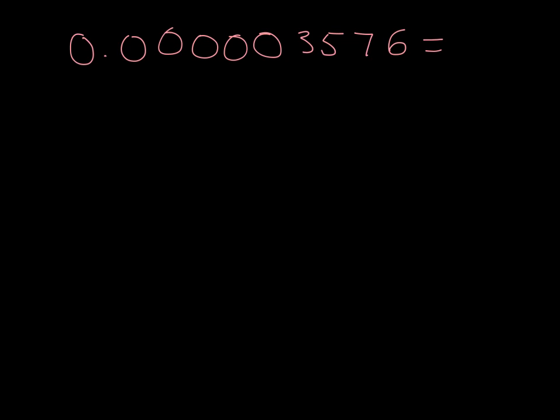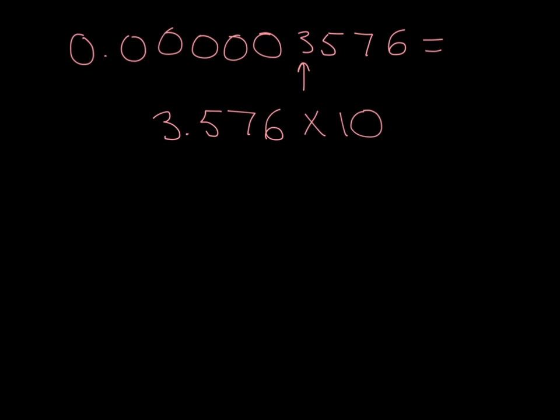Once again, we look for the first non-zero digit, that's the 3. So our decimal point is going to go right after that first non-zero digit, and we'll rewrite it as 3.576, once again times 10 to a particular power. How do we know what power?